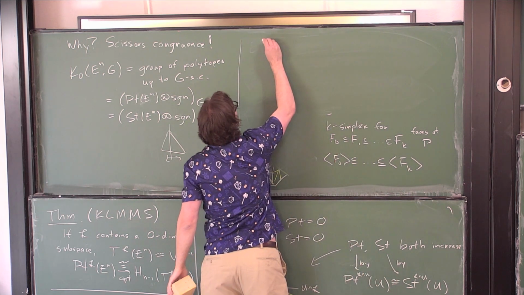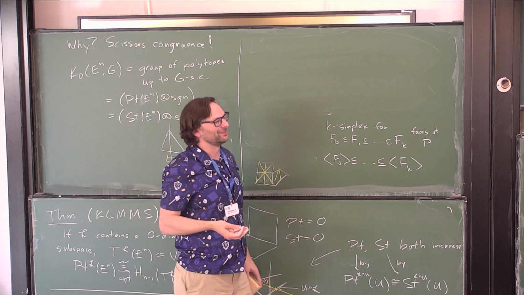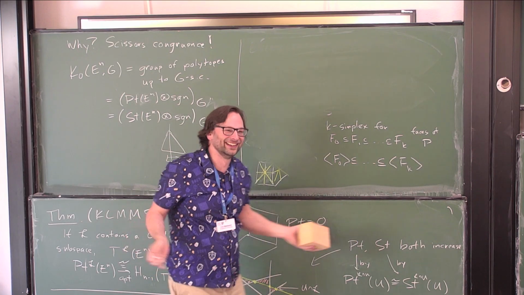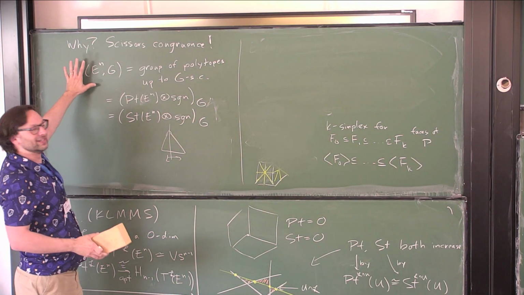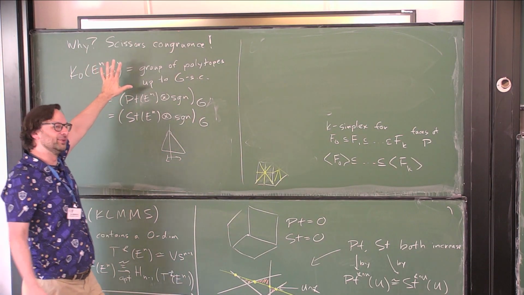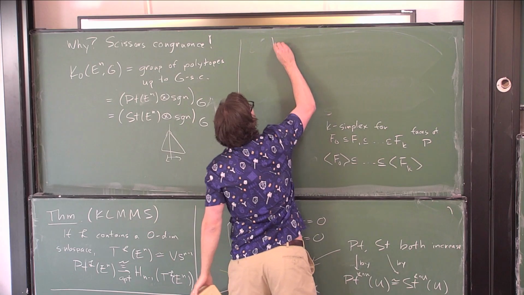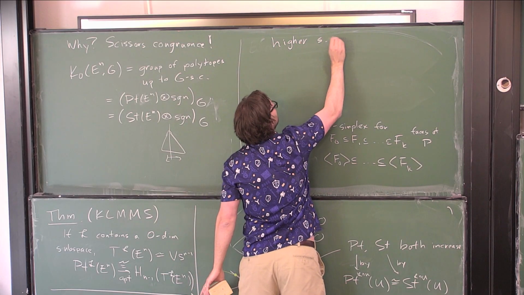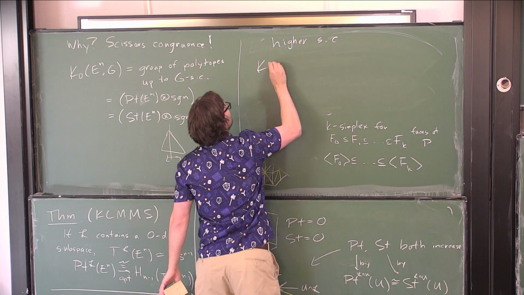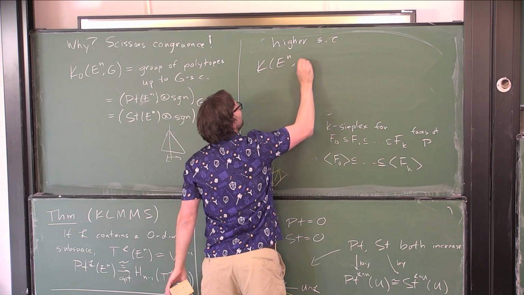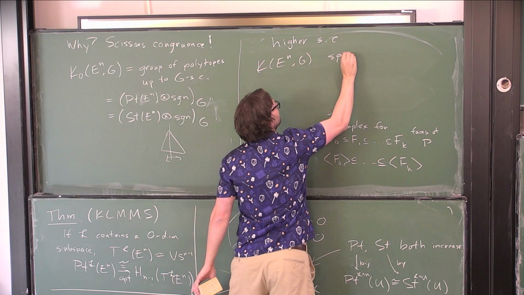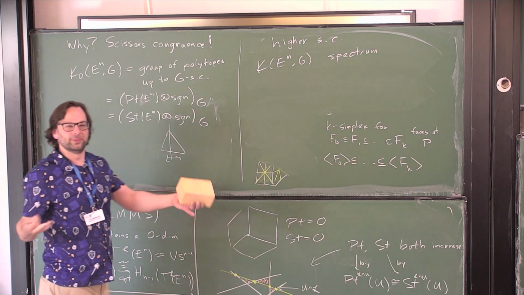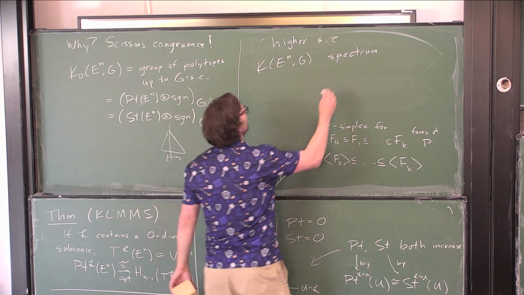Okay, so it turns out, I'm really not going to do this justice. There's this thing called higher scissors congruence, which, among other things, gives you a sequence of groups generalizing this group. It produces a spectrum called K of E^n G. You can think of this as some group-completed space of polytopes up to G scissors congruence.